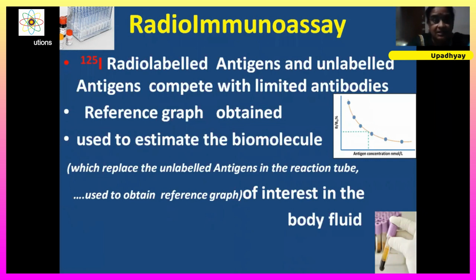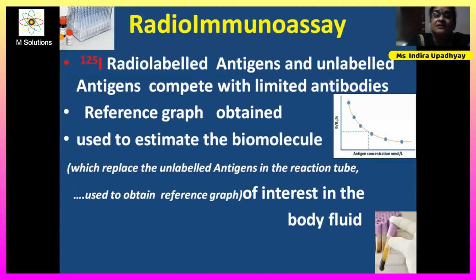For example, serum. This biomolecule will be replacing the unlabeled antigens in the reaction tube, because the unlabeled antigens are of known concentrations, and that is how the reference curve has been drawn.